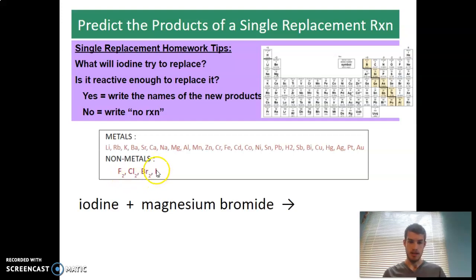It's the last one here, the I, and then the bromide, that is our Br. So that's farther to the left than the iodine. The iodine is less reactive, so it's not going to be reactive enough to make this reaction take place. Nothing's going to happen. So in this case, you would just write that there is no reaction, because no reaction would take place.